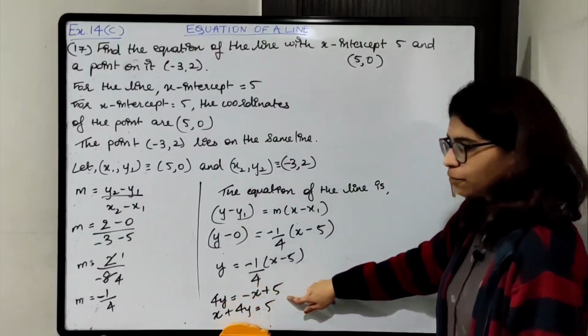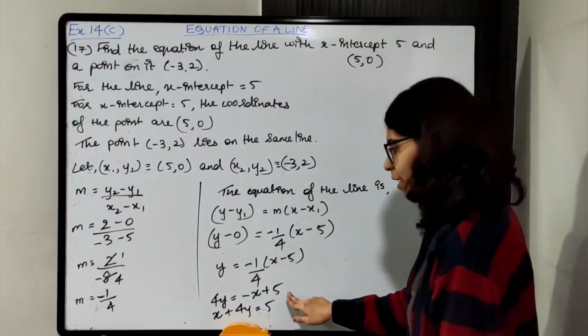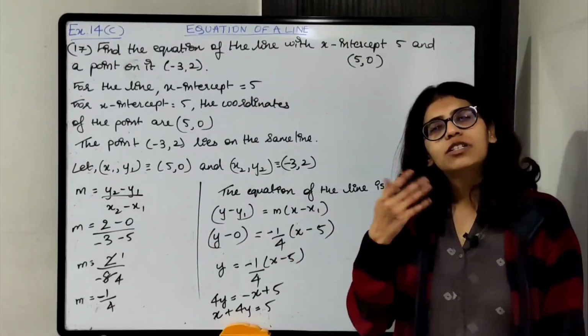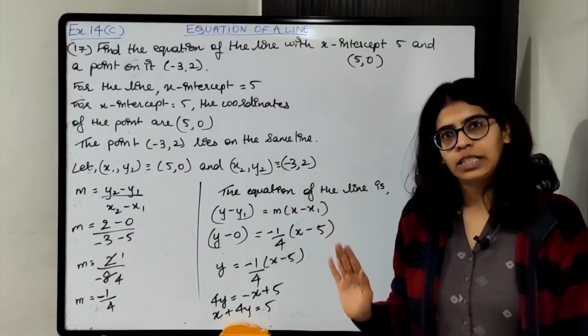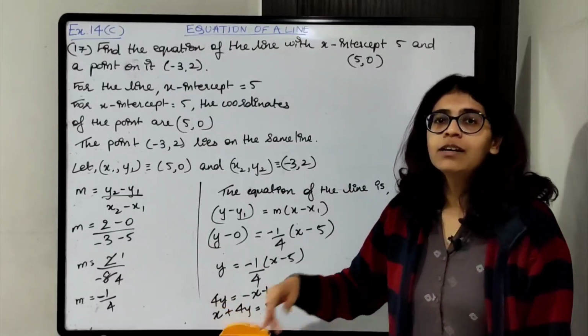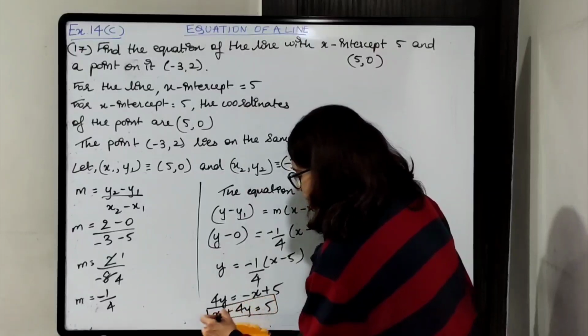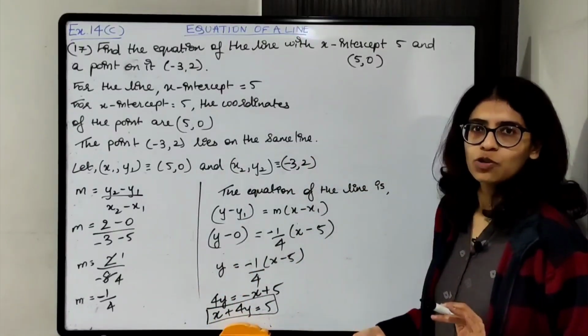This is also correct form, it's not wrong. Okay, ये भी correct है, ये भी correct है. 5 we kept on the other side because it is positive, so we did not shift it on the other side. Okay, x को सिर्फ shift किया because it was negative. So this will be the equation of the line, or you can consider this as the equation of the line.